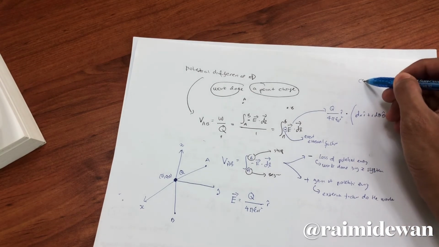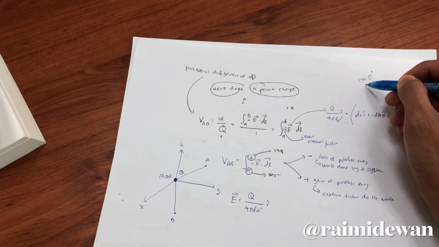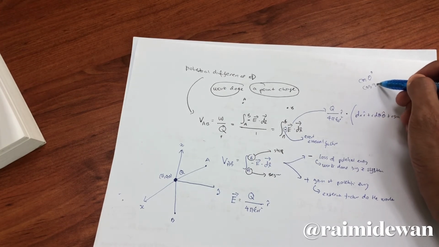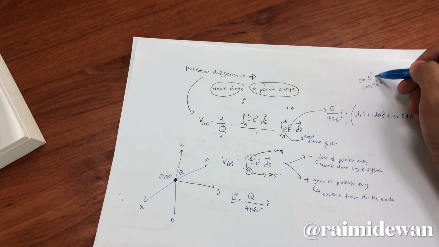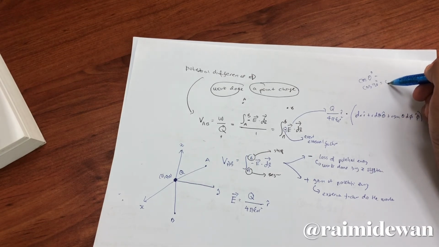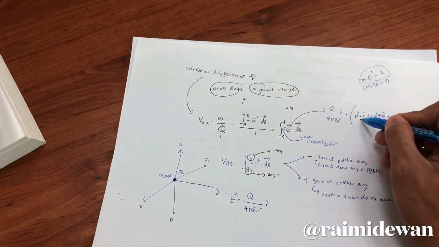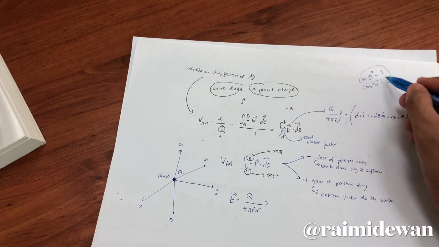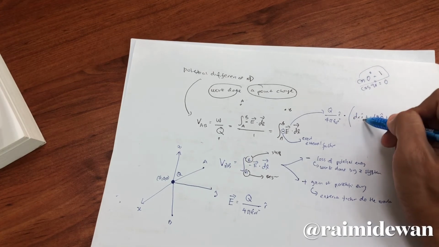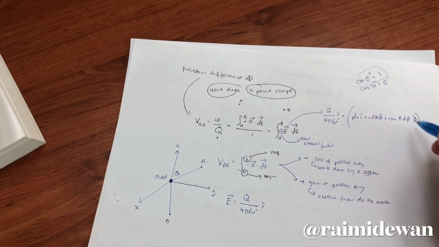Here, cos 0 and cos 90. This one will obtain 0. This one is 1, since it is in parallel, so we take this one, because it will result in 1. These two will result in 0.